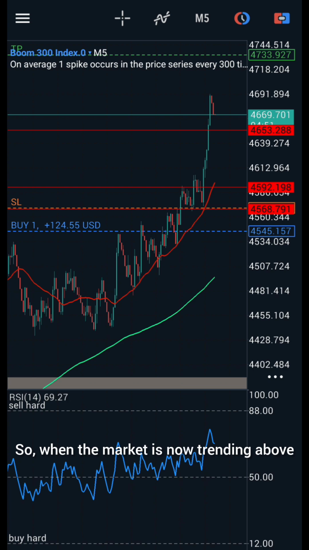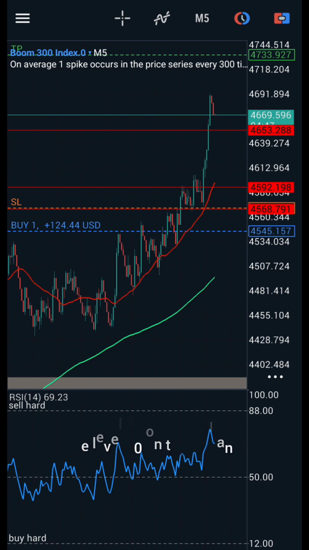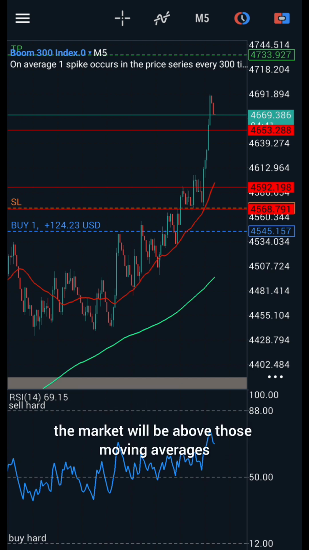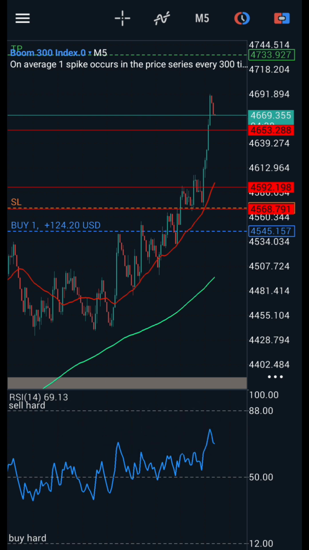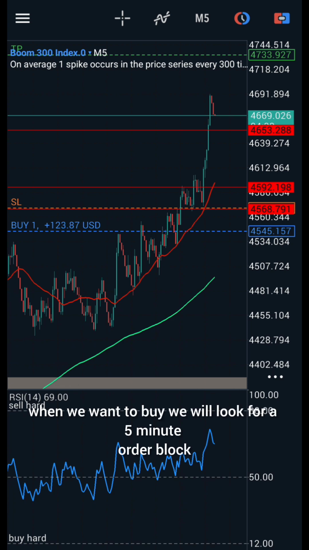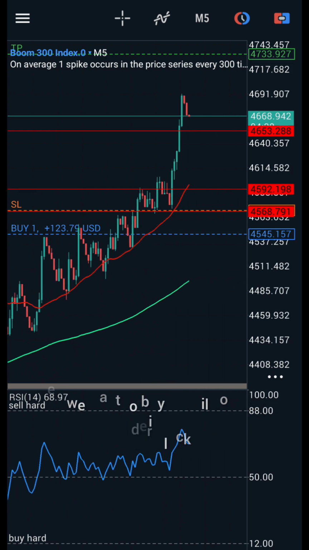So when the market is trending above the level 50 on the RSI, and above our red moving average and our green moving average, we will look for a buy opportunity. When we want to buy, we will look for a 5-minute order block.